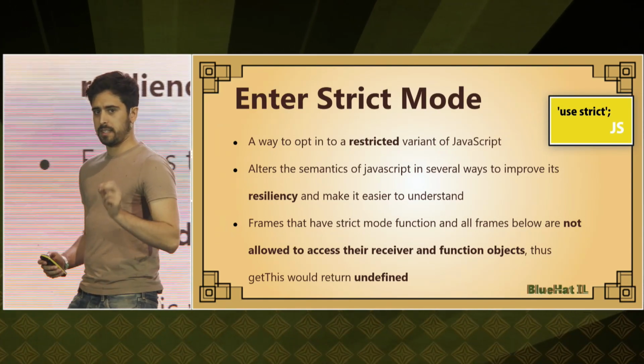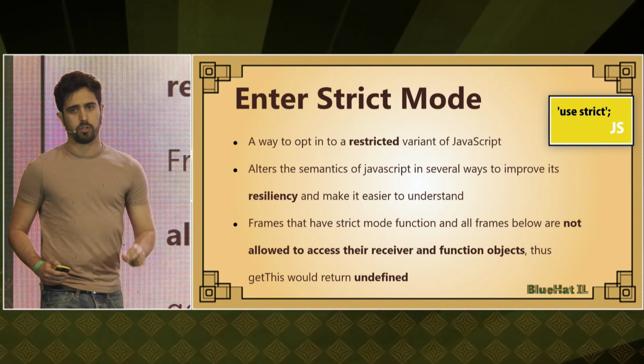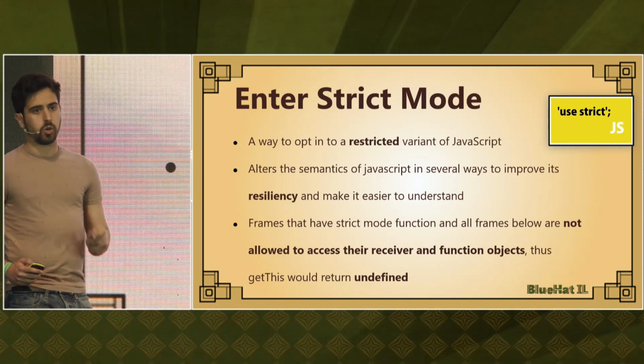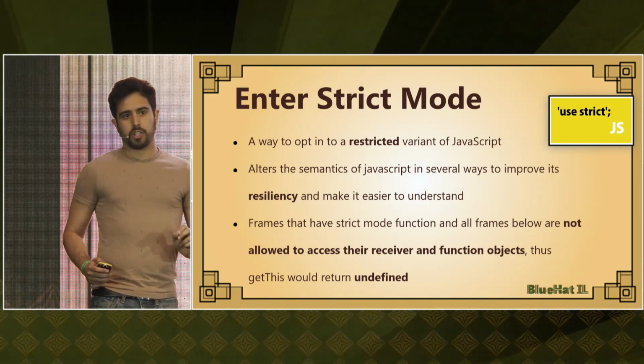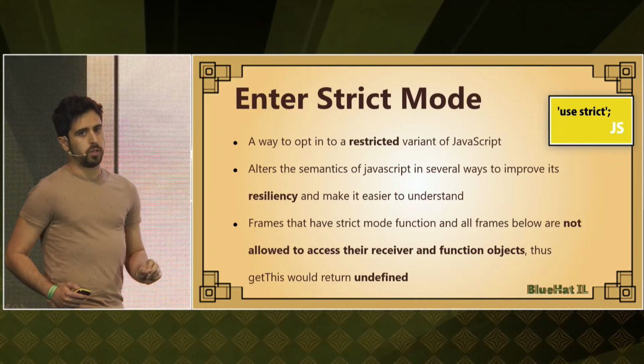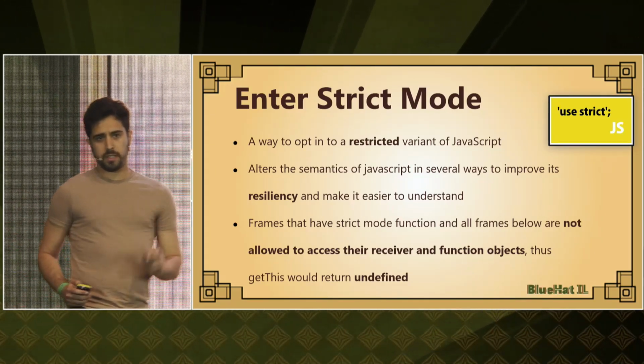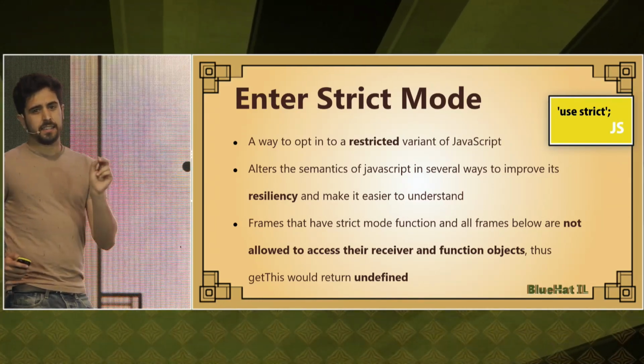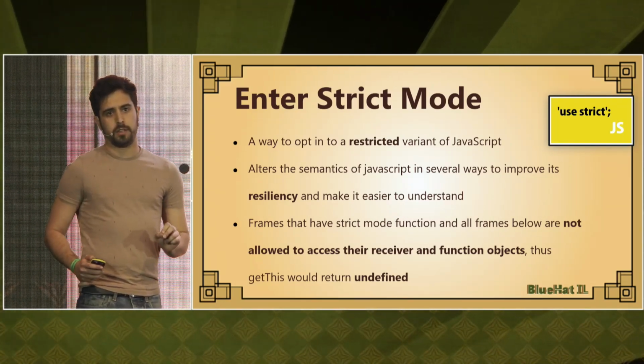JavaScript strict mode is a restricted variant of JavaScript. It allows for more readable and resilient code. Any function can opt into strict mode. Once a function opts into strict mode, it makes all of its members and data inaccessible from outside of it.